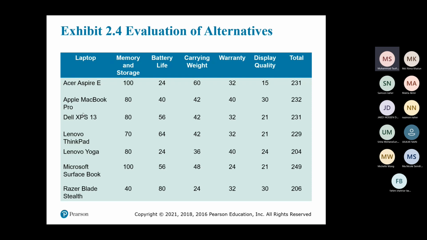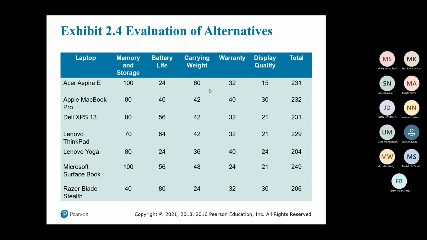After you total up the score, you compare which of the alternatives, or which of your choices, gives you the highest marks. Here you can see Aspire E 231, Apple MacBook 232, XPS 13 231, Lenovo ThinkPad 229, Lenovo Yoga 204, and then Surface Book 249, and lastly Razer Blade Stealth 206.